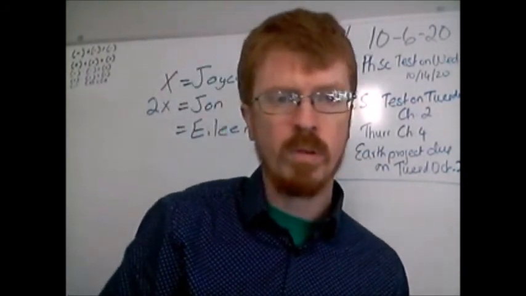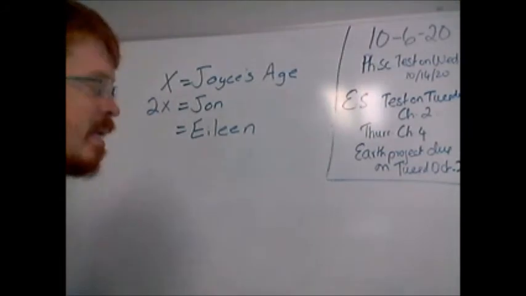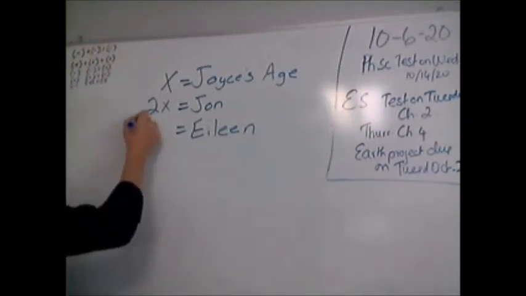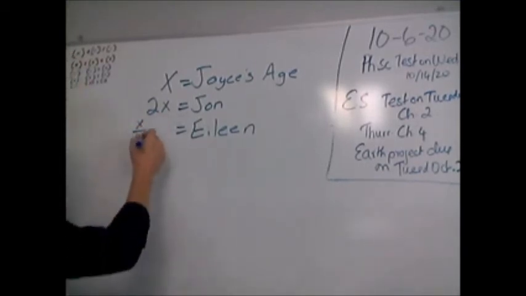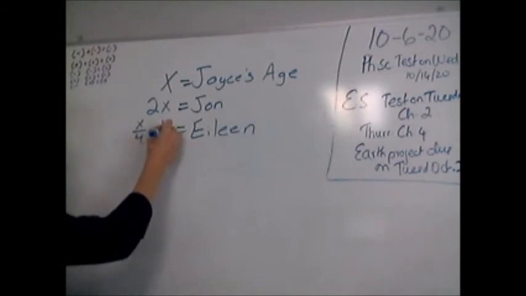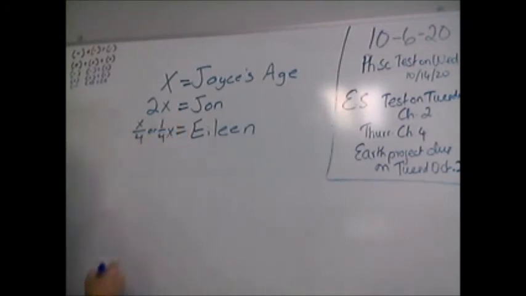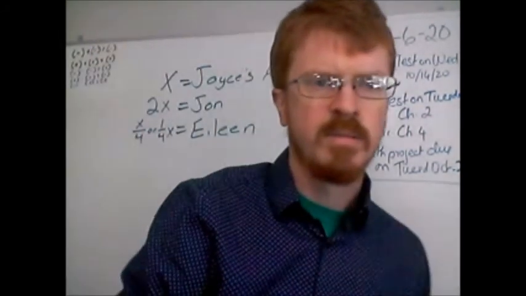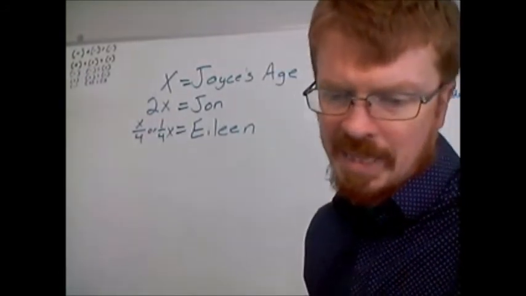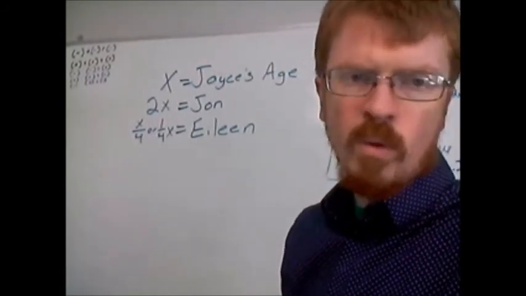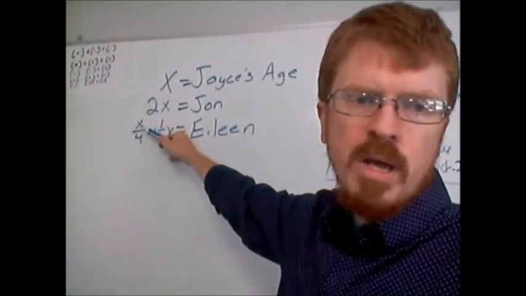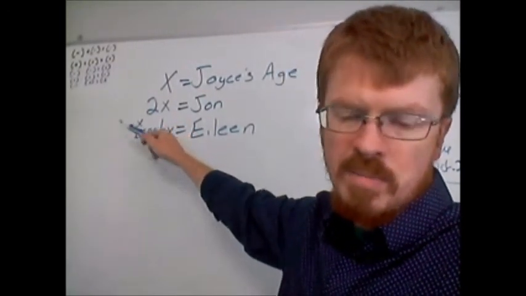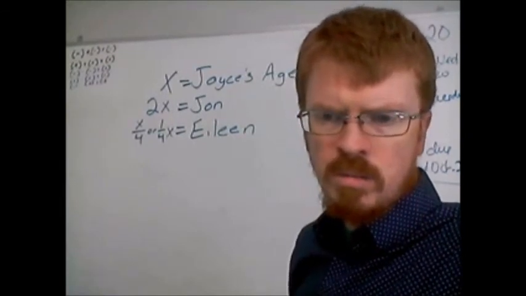So that means you could either have x over 4 or 1/4 times x. Okay, so it says that Eileen is 1/4 of Joyce. So you need to take Joyce's age and divide it by 4. That will give you Eileen's age.